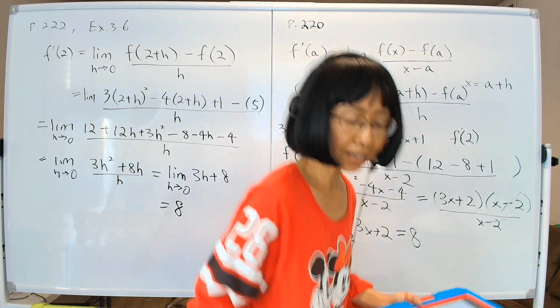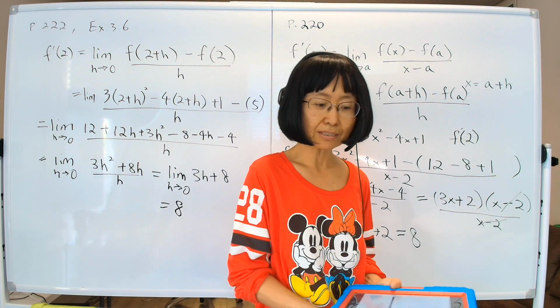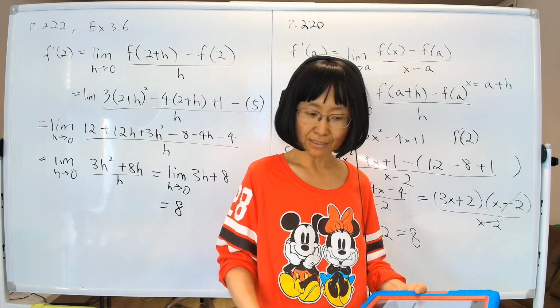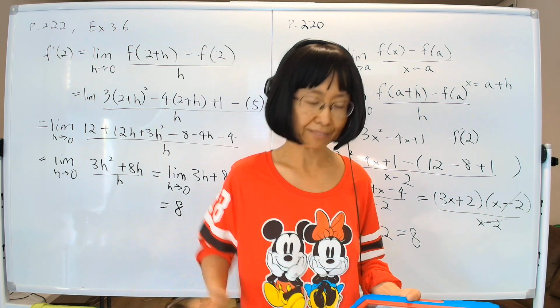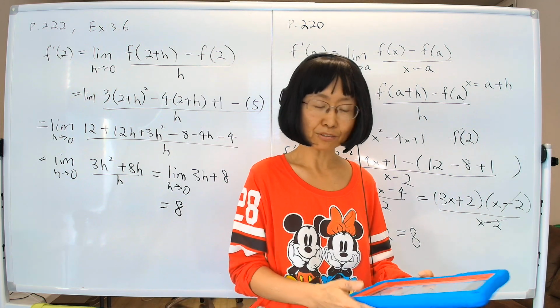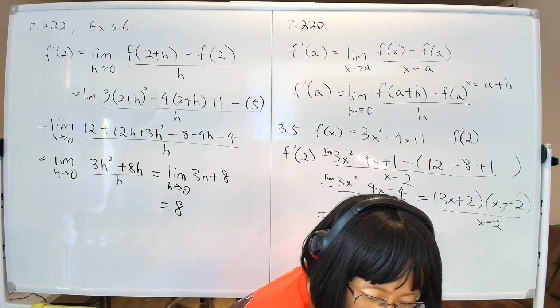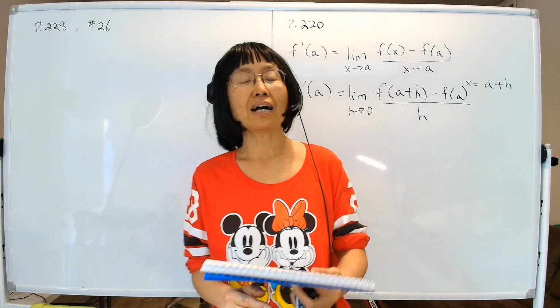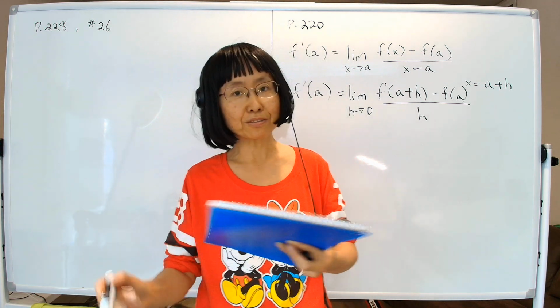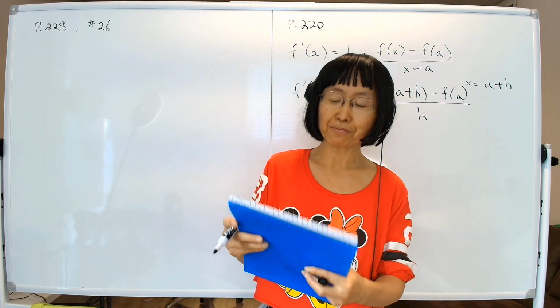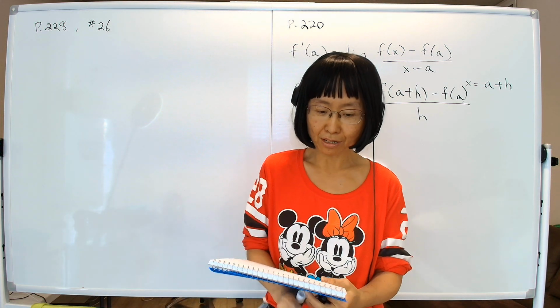But for now, you will do 16, 17, 18, 24, 26, 29, 41, and 49 on page 228. So at this point, please stop the video and go do your homework. And when you're done, come back and I will talk about it.